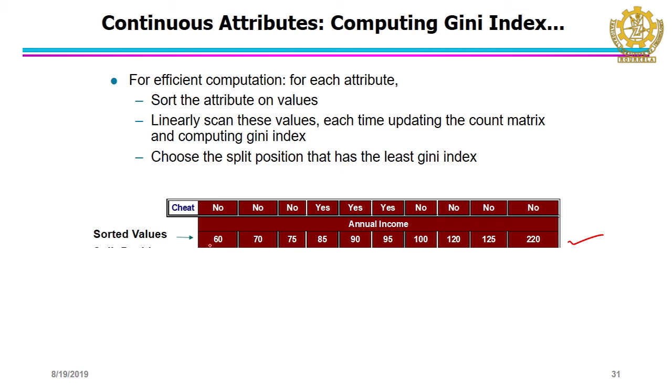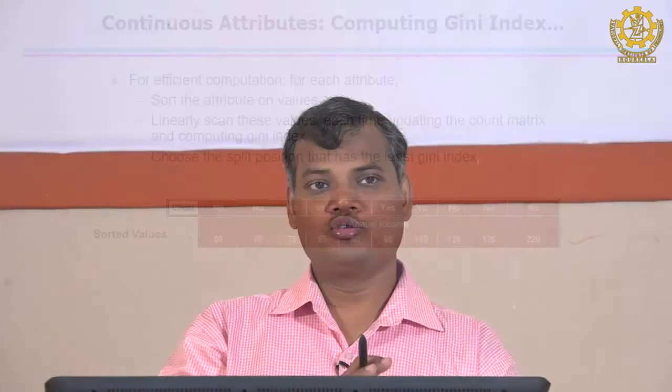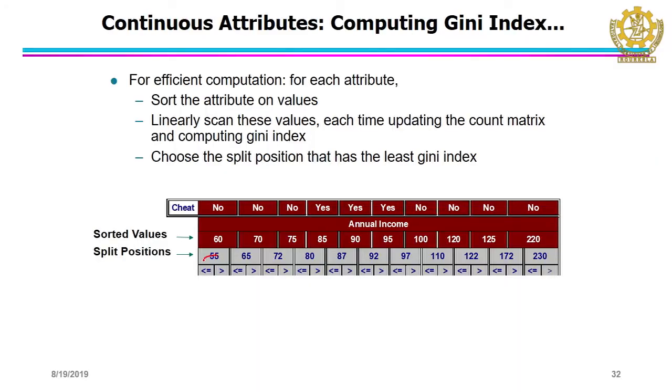Let us say the first partition is 55. Then all objects will belong to one node, and there will be no object in the other node. Here we go: first we partition at 55, then between 60 and 70 we put the partition at 65, then between 70 and 75 we take 72, and then we take the binary division.